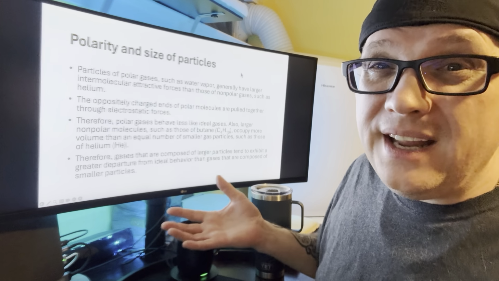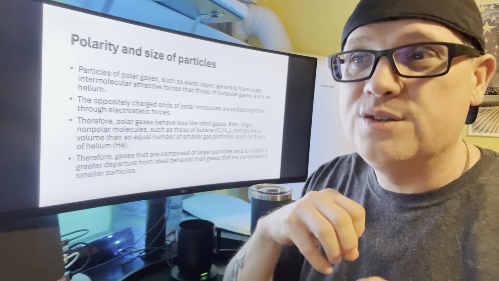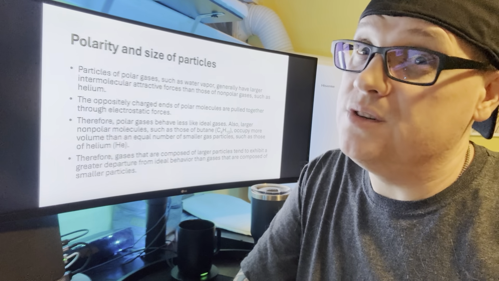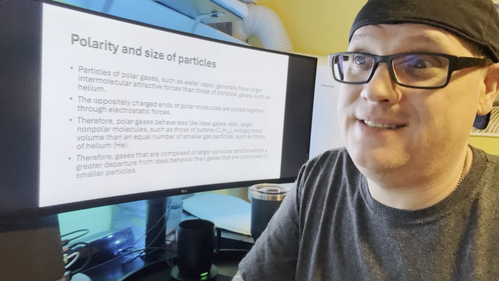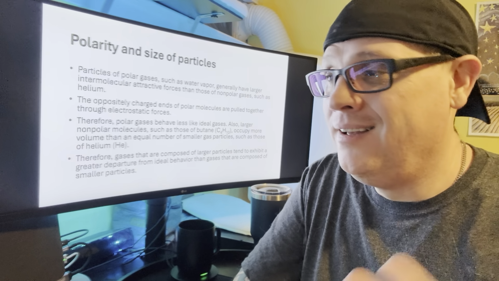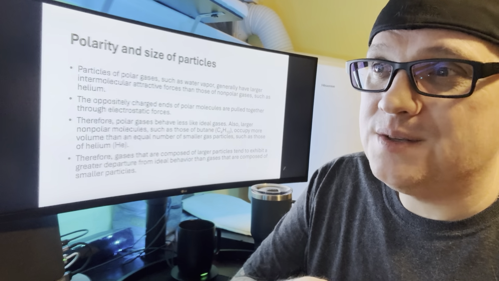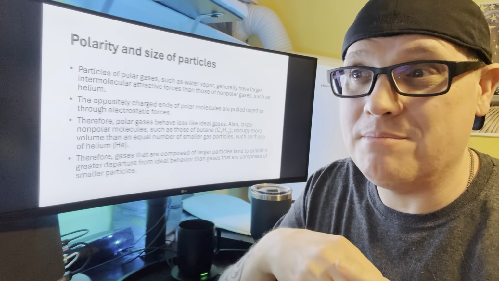Then we get the polarity and particle size, right? The charges of different things. So oppositely charged ends of a polar gas, like water vapor, which is very polar. So water vapor is not really a good ideal gas, it's a terrible ideal gas. It's a very strict window where you can treat water vapor as an ideal gas. Propane, not so great, but methane's pretty good.